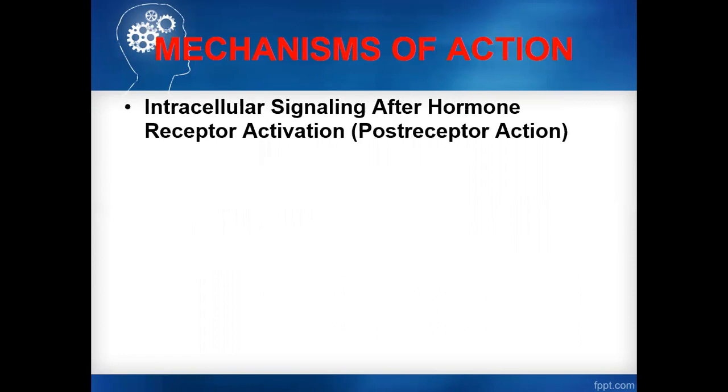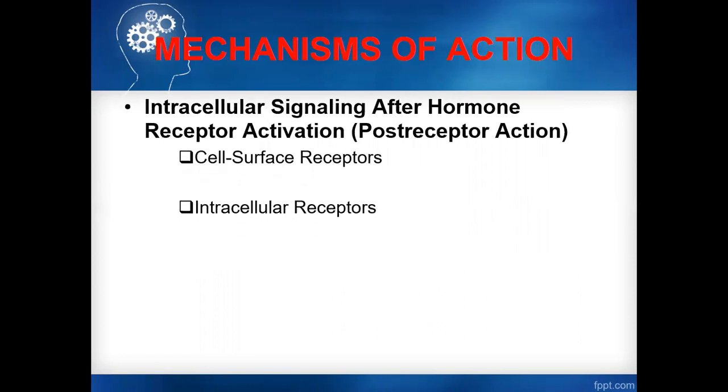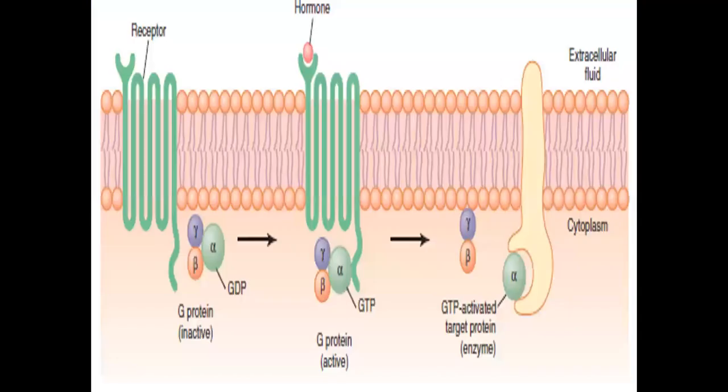So for example, let's start with cell surface receptors. Once a hormone in the vicinity binds to its particular receptor on the cell surface, remember your cell surface receptors are coupled to a complex of protein we call G protein. And why do we call this a complex?